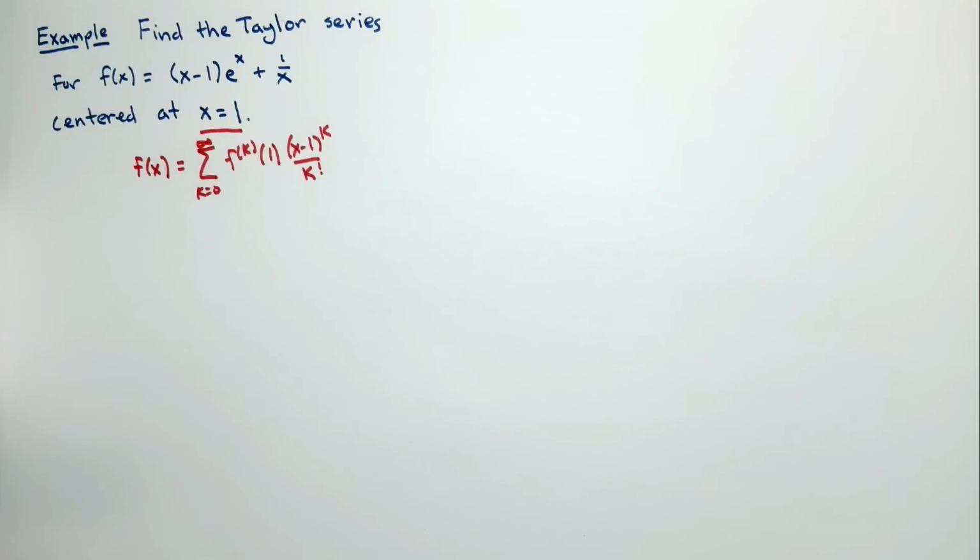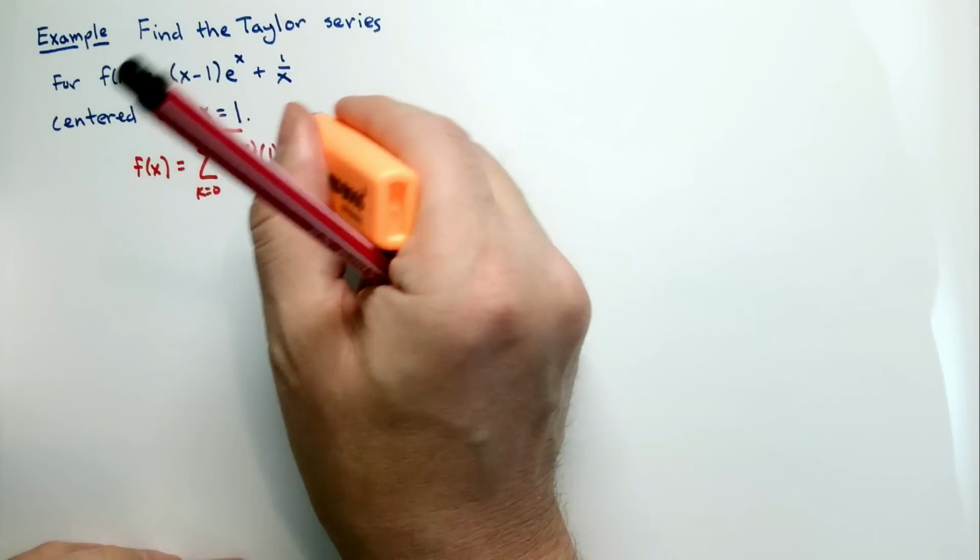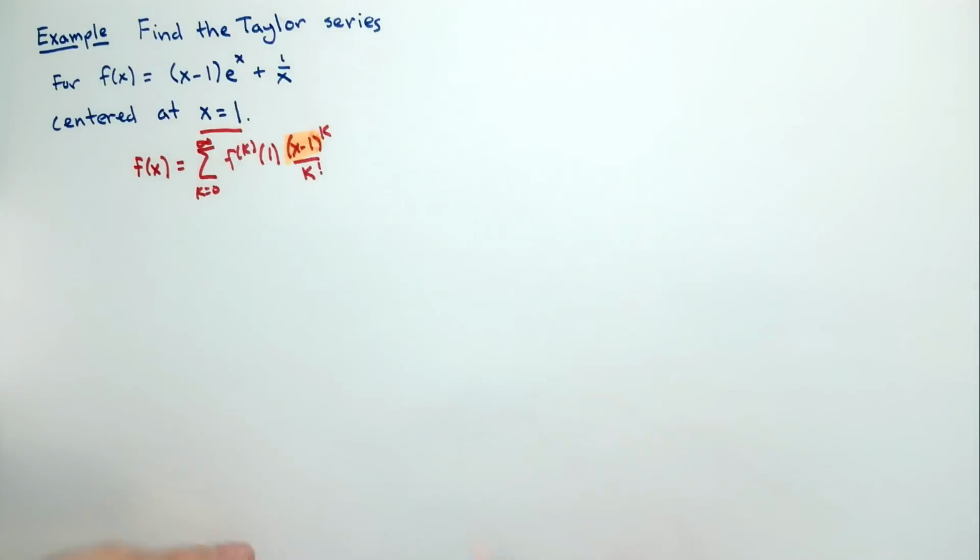So in our final answer, we really want to make sure we have x minus 1 to the k. That's going to be a good clue for us on how we proceed.